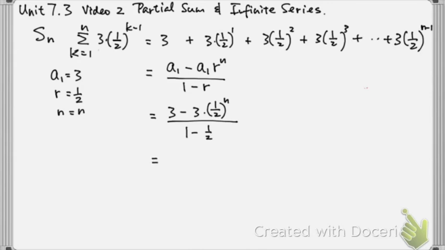I have basically 3 times 1 minus 1/2 raised to the power of n, factoring out 3 in the numerator, all over 1 minus 1/2, which is just 1/2. And this is now my S of n. So this is my partial sum.